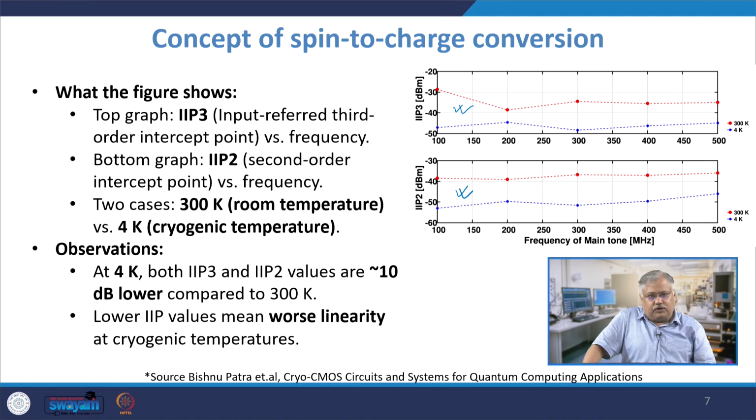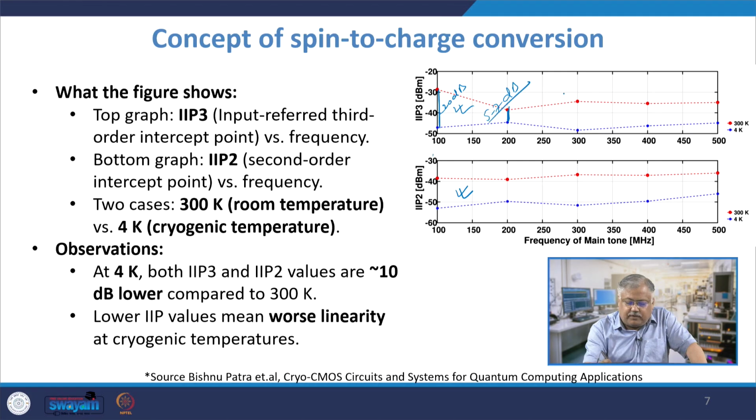If you look very carefully, the minimum value of the IIP3 difference is somewhere here, around 10, and at 100 megahertz the difference is approximately 20 dB for this one and approximately 5 to 7 dB for this one. So the average value they have found is around 10 dB. Similarly, if you look at this curve here at 40 and 50, the average difference is about 10 dB.